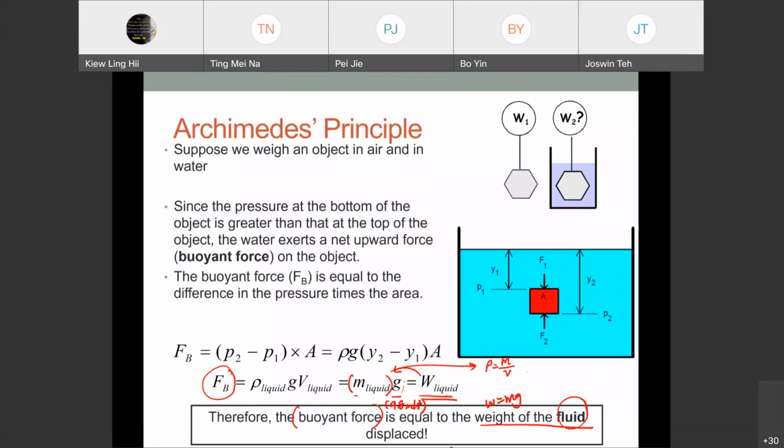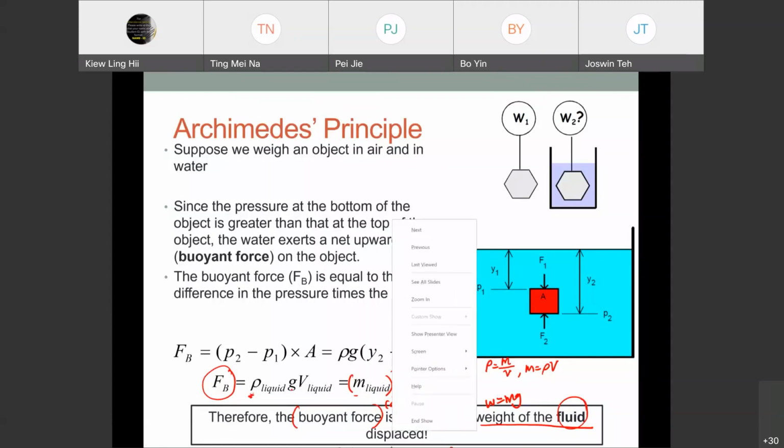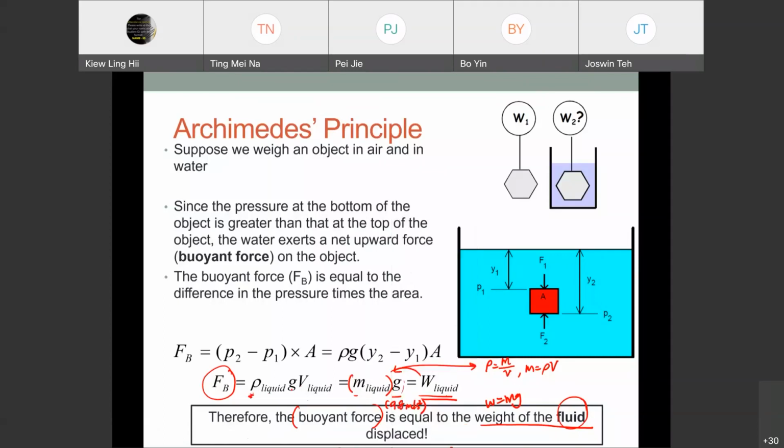So mass equals density times volume. Replace m with rho V, and you get rho Vg. So rho will be the density of the liquid, and V, the volume, will only be the volume displaced. This is how we find the buoyant force of an object.